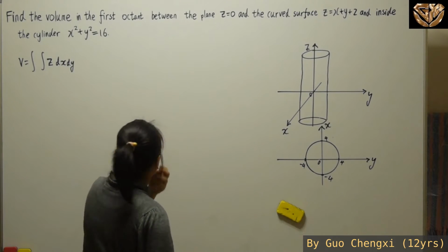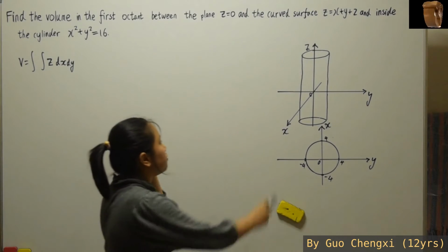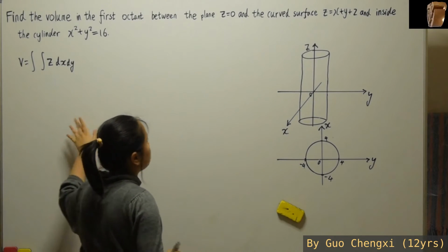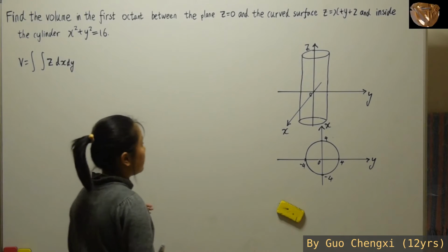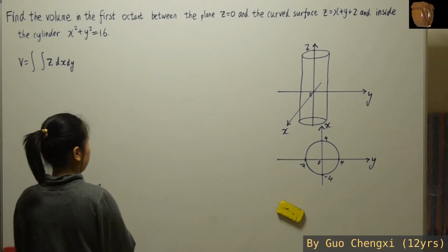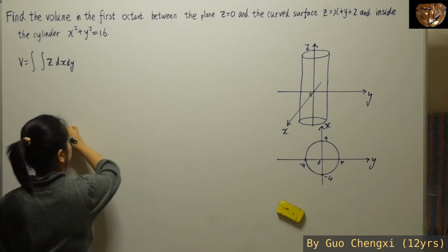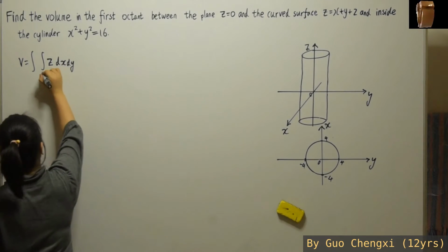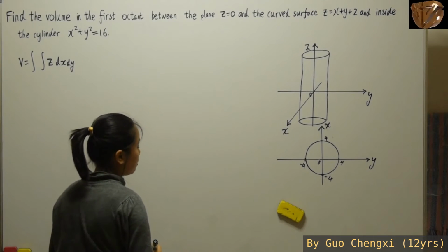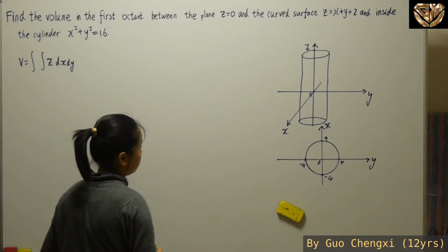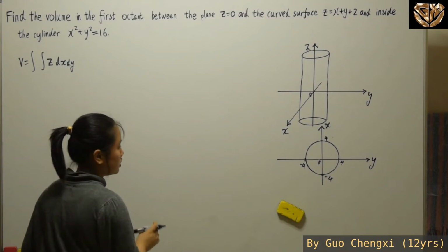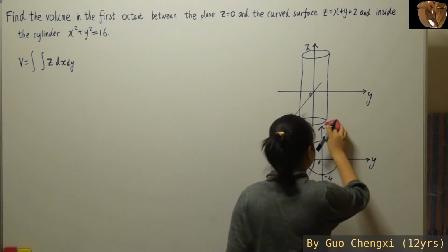It's your choice, because going both ways you can solve it. I'm going to integrate with respect to x first. So when we integrate with respect to x first over here, we're going to have... wait, hold on a second.